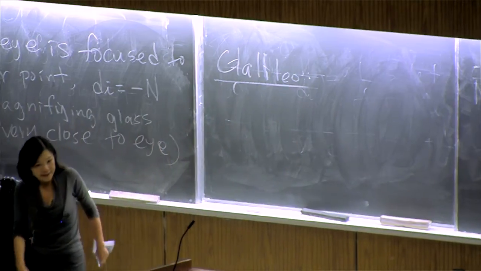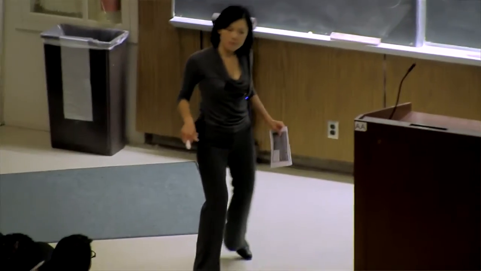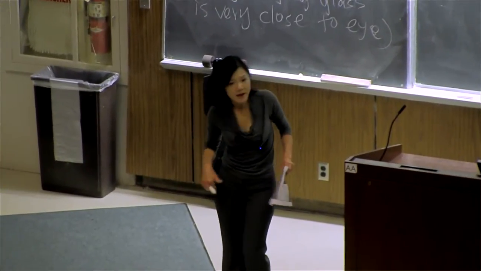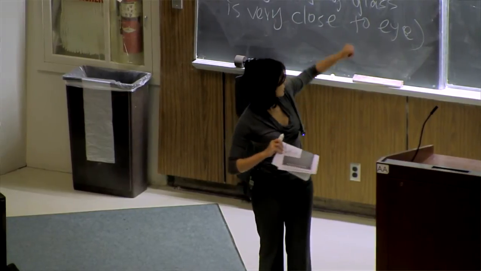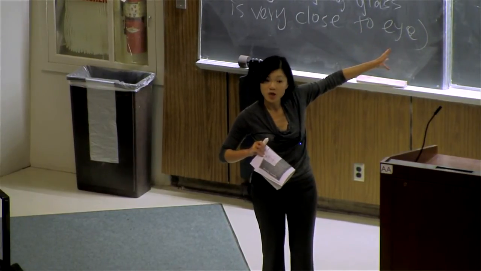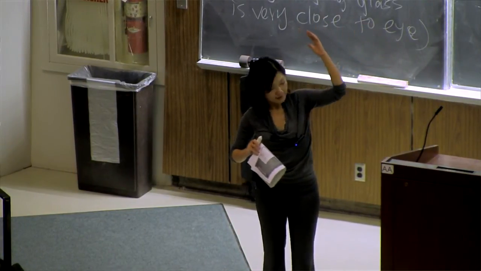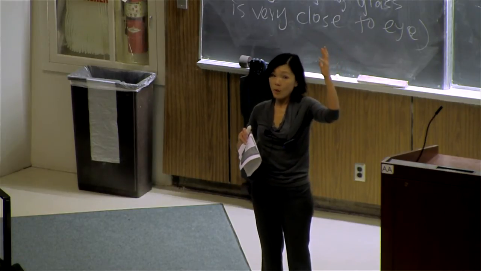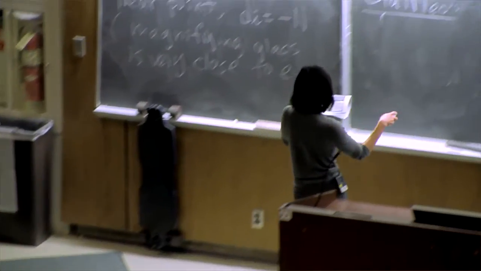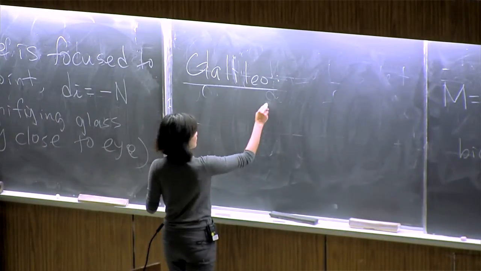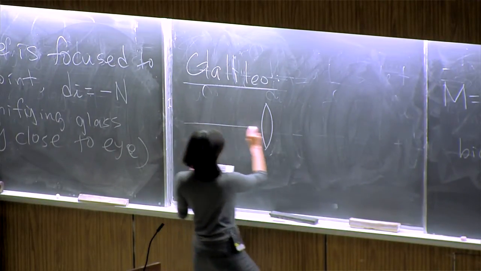One is called the Galilean telescope, which instead of using two convergent lenses makes use of one convergent lens and one divergent lens. So this is a configuration.